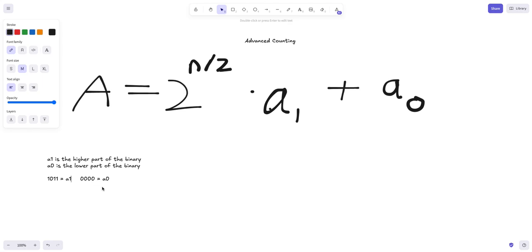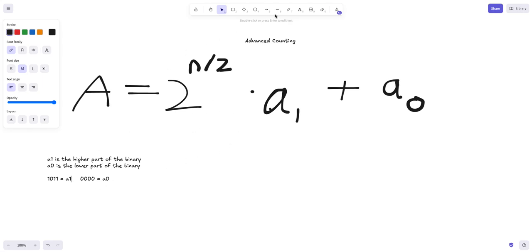So once we have it this way, we can just add A1 plus A0 because A1 is supposed to be shifted to the left of A0. And since we have n binary digits, we multiply A1 by 2 to the power n over 2, which basically means that we're shifting A1 by n over 2 elements to the left.